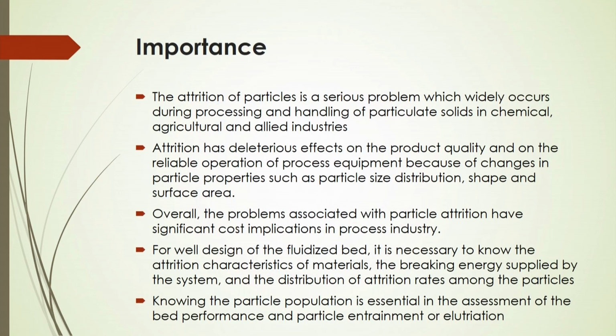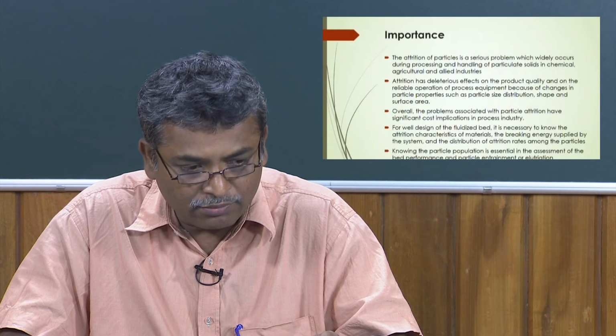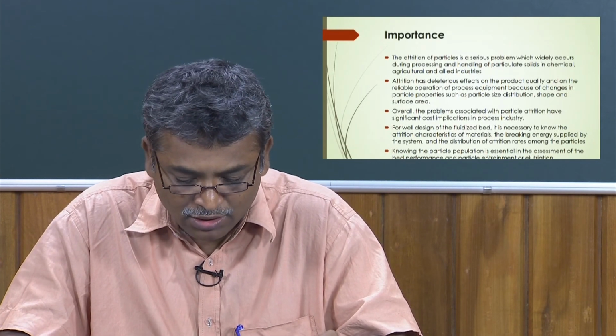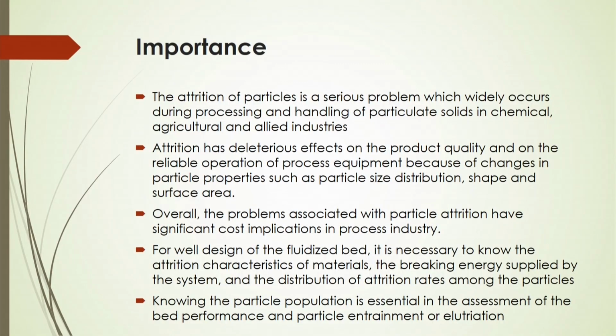And what is the importance of knowing the attrition mechanism, and why are attrition characteristics actually required to be studied? The attrition of the particles is a serious problem which widely occurs during the processing and handling of particle solids in chemical, even agricultural or allied industries.